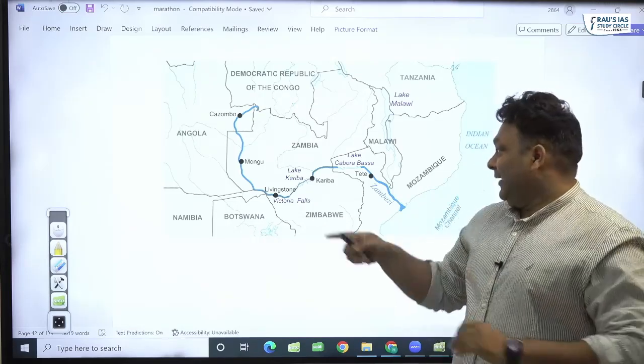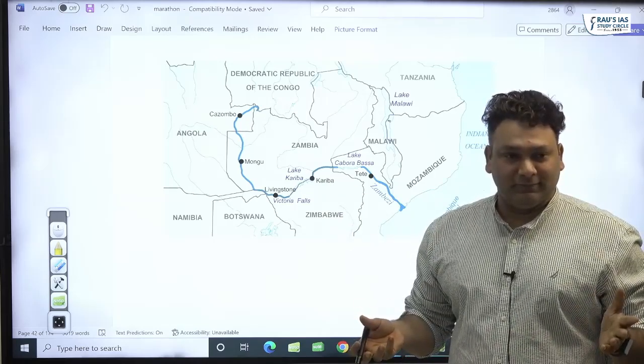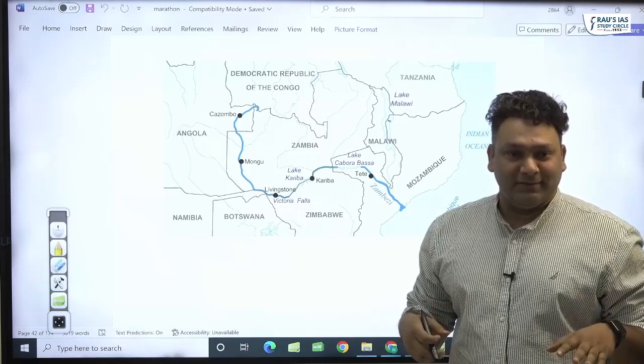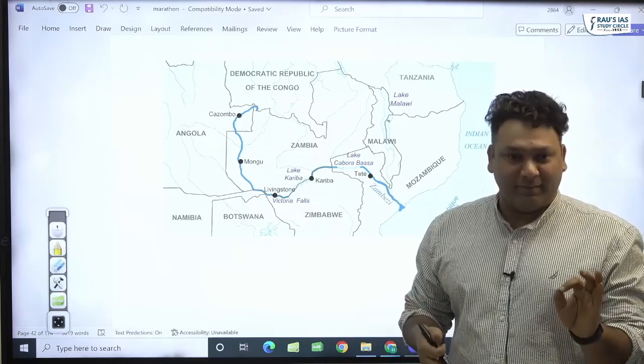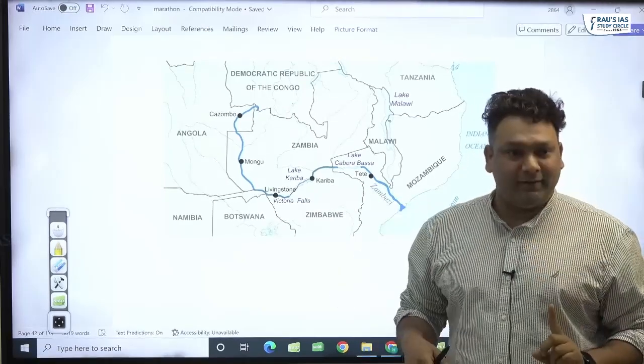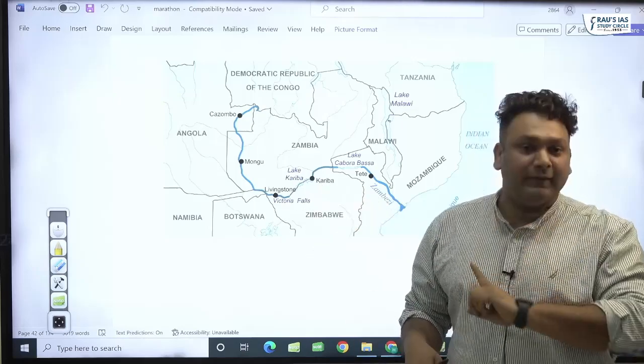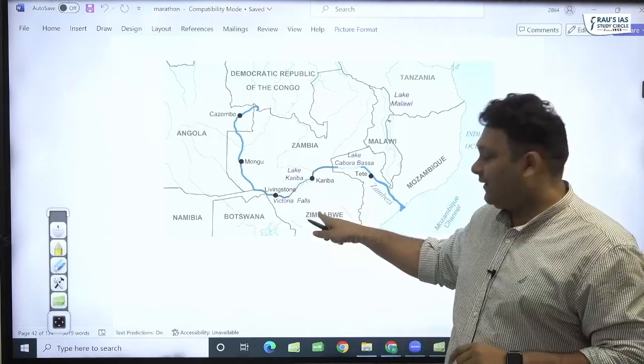Lake Kariba. Is climate change real or not? Climate change is happening. Because of climate change, the amount of water in the river is also decreasing, because of which the water in Lake Kariba has also decreased, and that has led to droughts in this region.